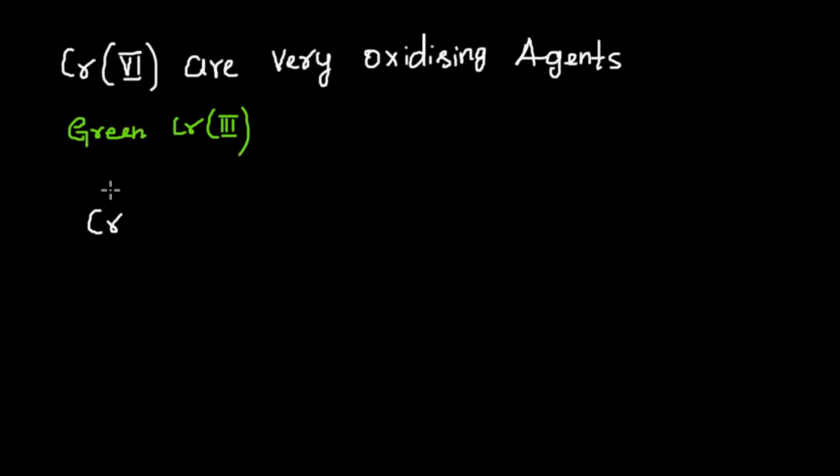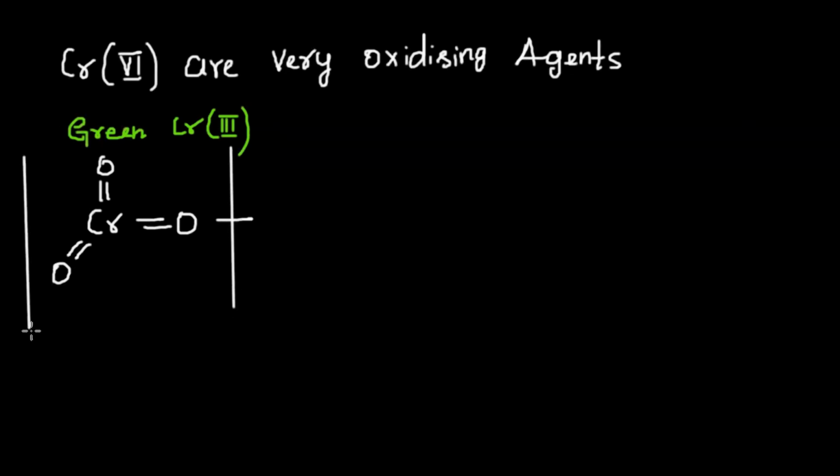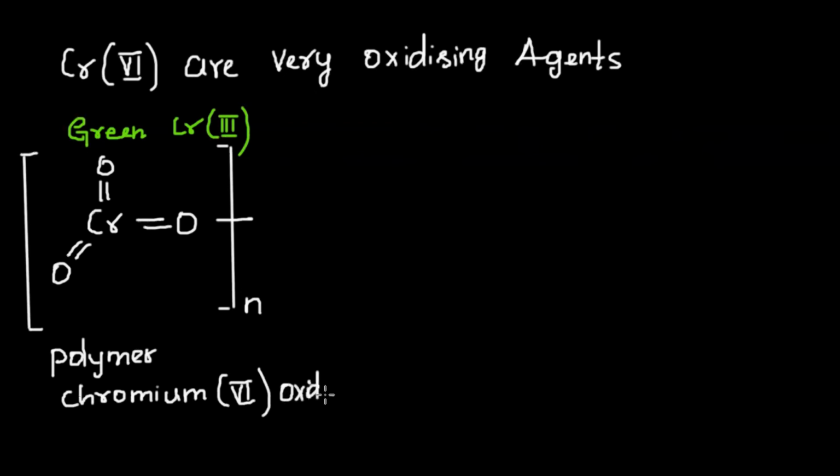For example, polymeric chromium oxide is a very good oxidizing agent.